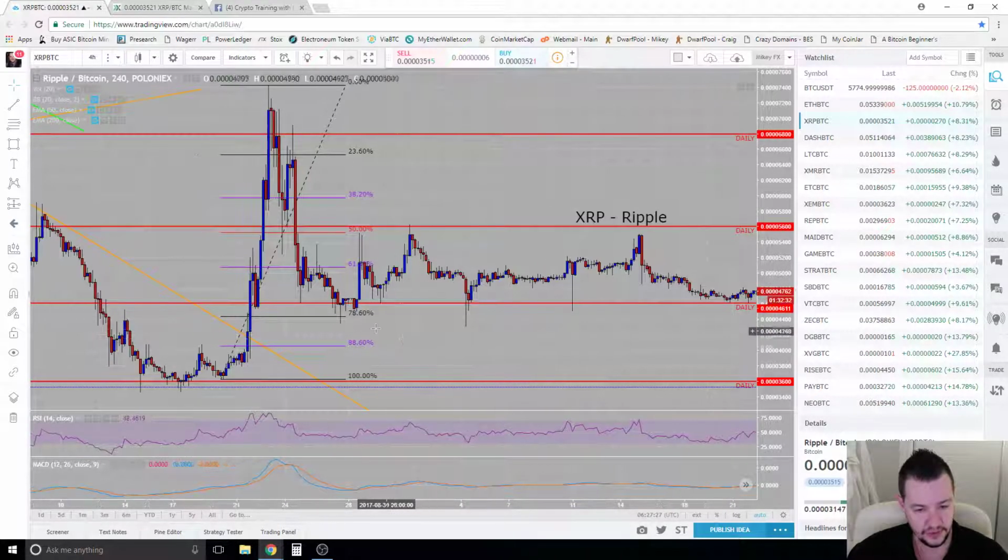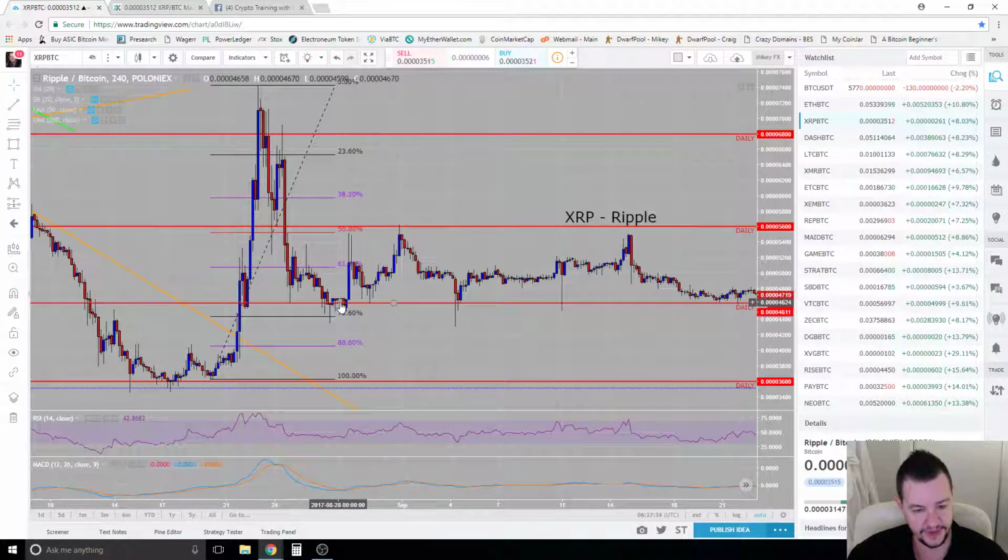So you normally take the low of the candle to the body of that same candle, and then that becomes your, if we're looking for buy entries, that becomes our buy zone, and if we're looking for sell entries, that's our sell zone.